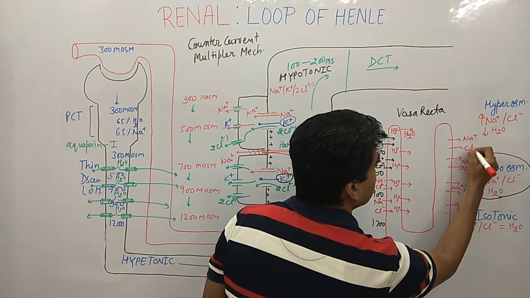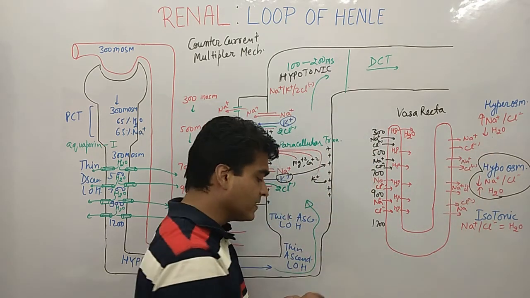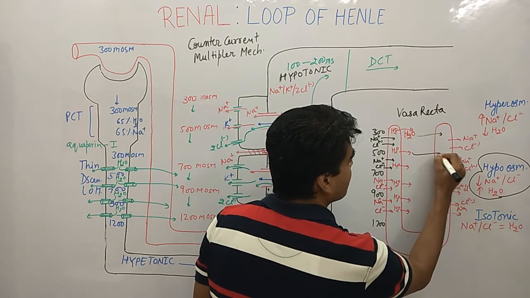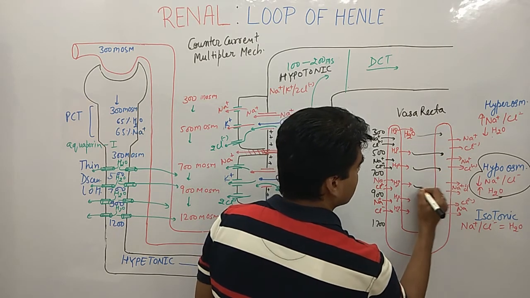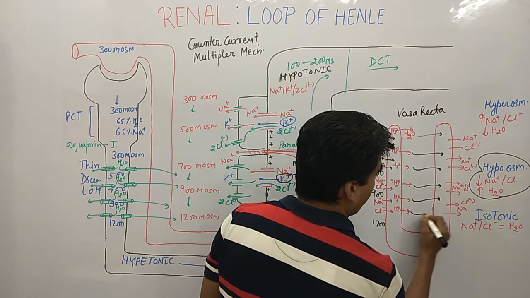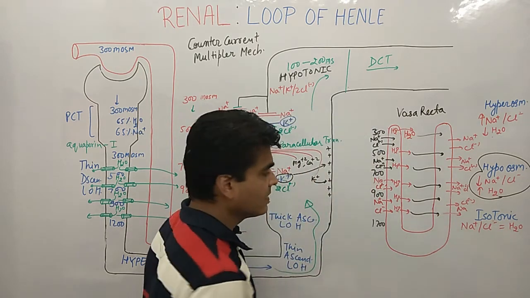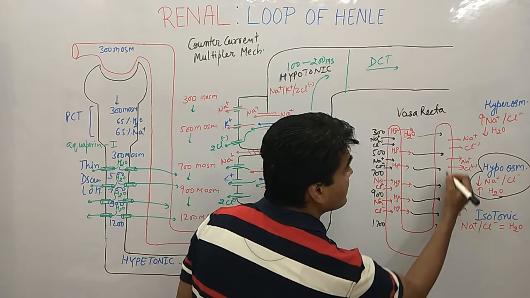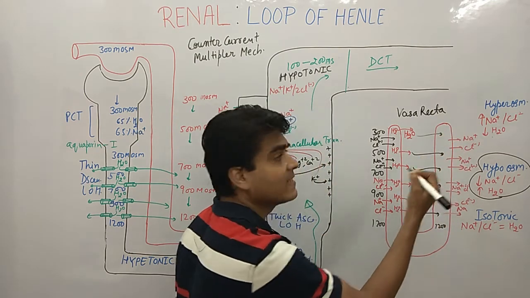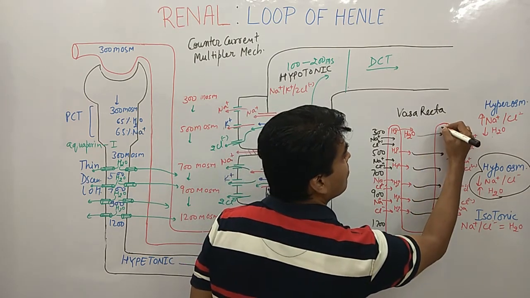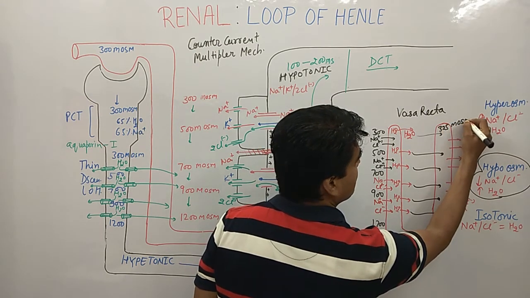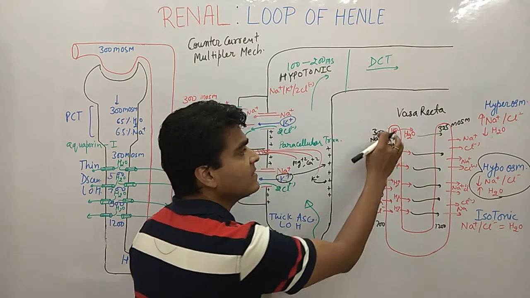Clear, everyone? And H2O moves inside. Here we have 1200 milliosmolar, but when we reach up in this direction, the osmolarity is almost 325 milliosmolar, a little bit higher than this side.